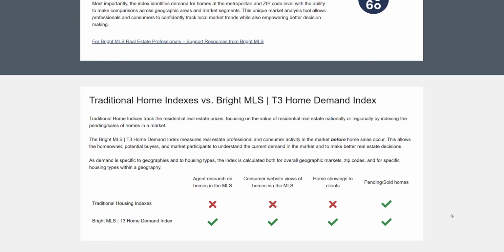The difference is the Bright MLS T3 Home Demand Index has that past data, but the focus is on the pre-purchase data, the activities that are leading to sales. And that allows real estate professionals and their clients to put their ear to the ground of the housing market in an entirely new way. And in looking at that demand, we're able to determine what's happening in near real time and potentially what is likely to be happening in the near future.